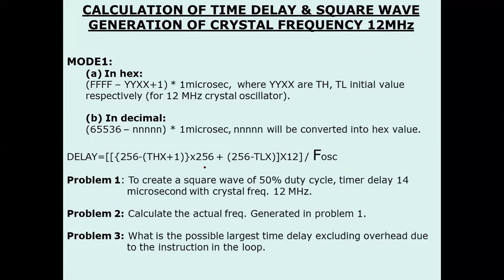Take this problem one: to create a square wave of 50% duty cycle, timer delay 14 microseconds with crystal frequency 12 megahertz. Now write in your copy that 50% duty cycle. What do you mean by duty cycle?